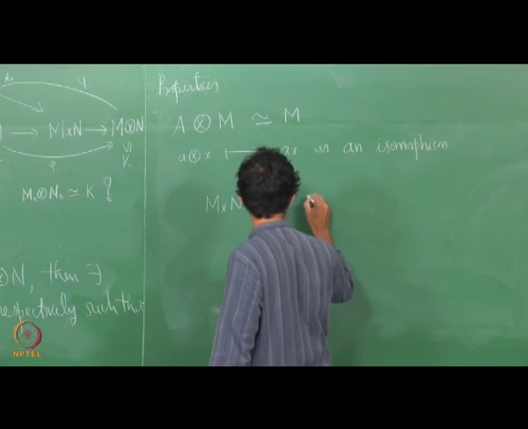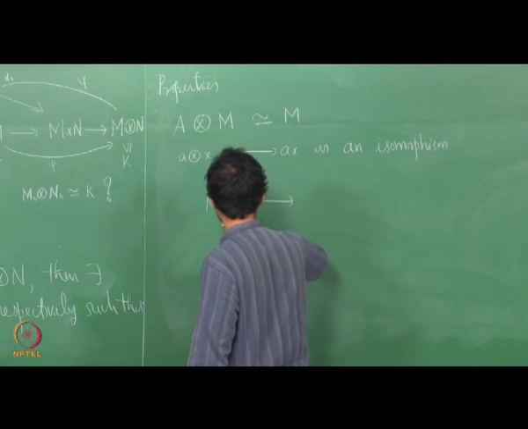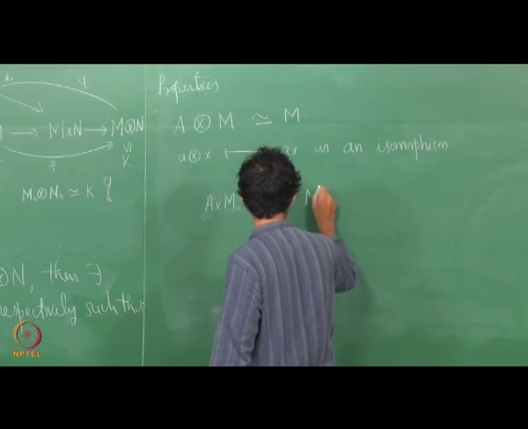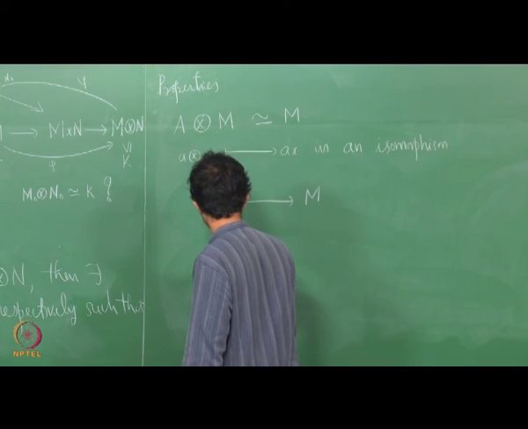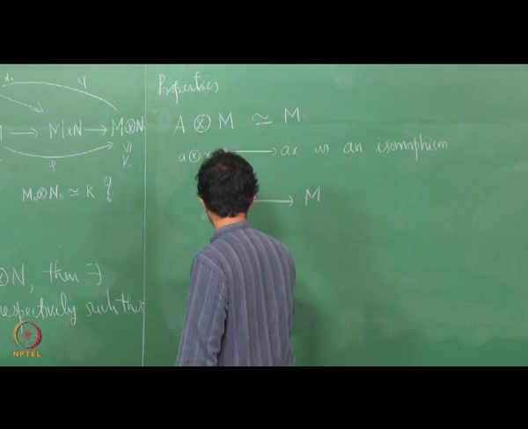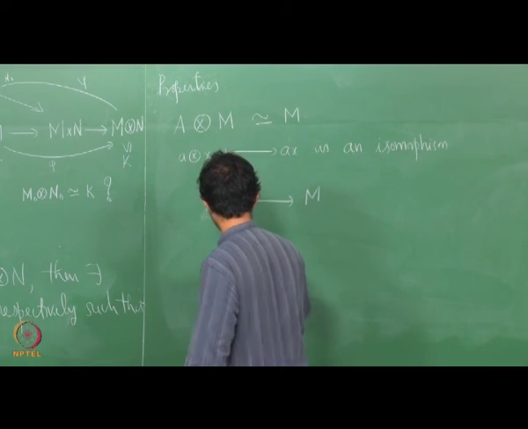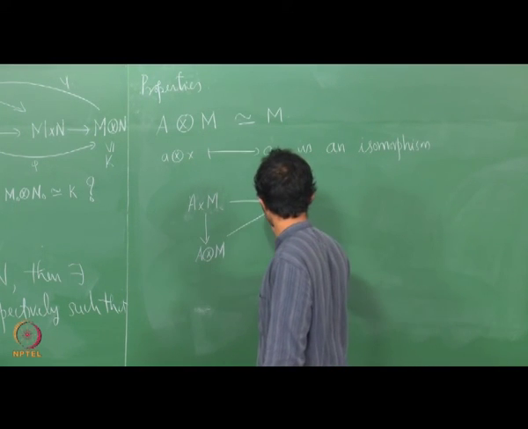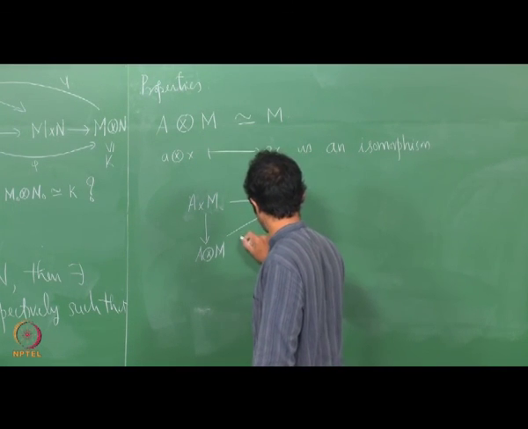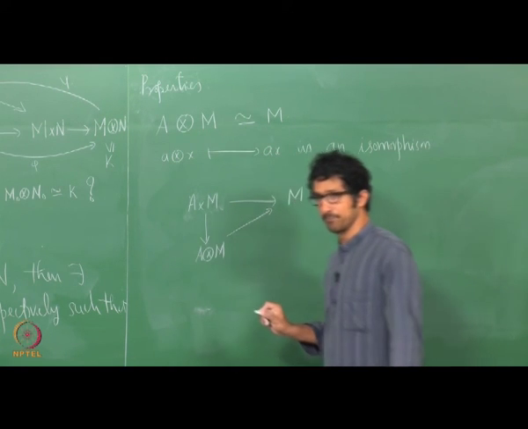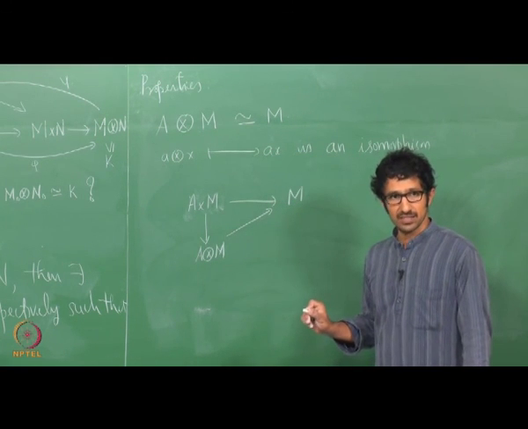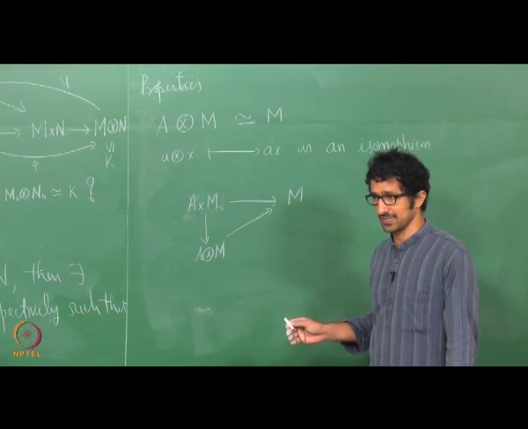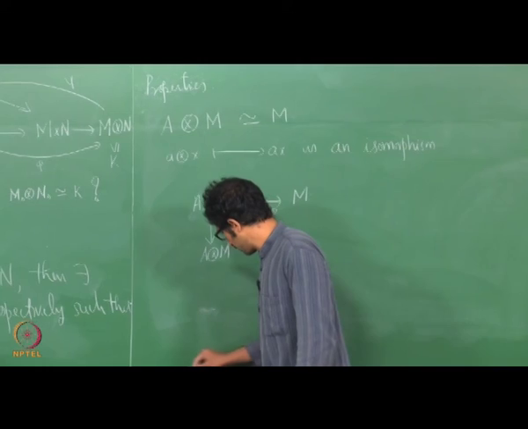From A cross M, I have a map to M, and this factors through A tensor M. We are saying that the map A tensor M going to AM is an isomorphism. How do I say that this is indeed an isomorphism? Think about it, I will do that next time.